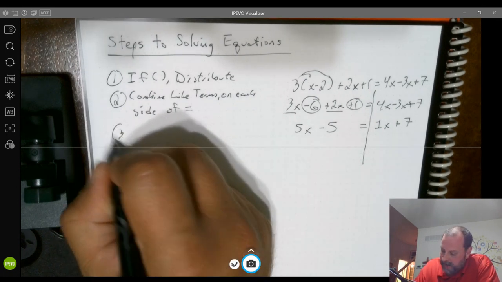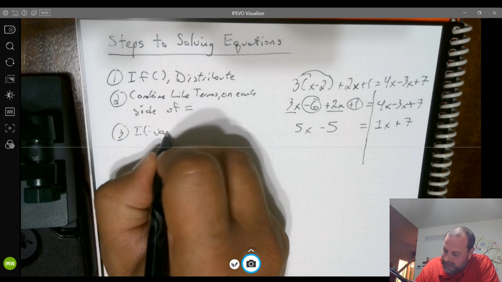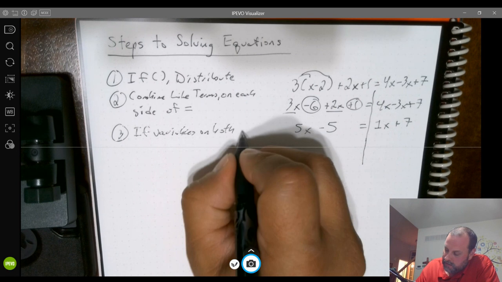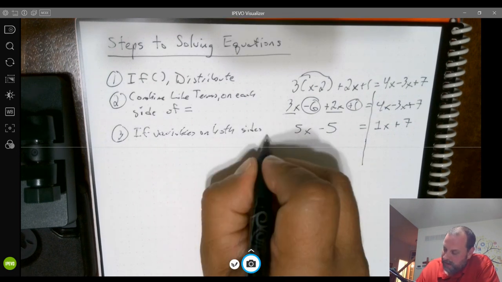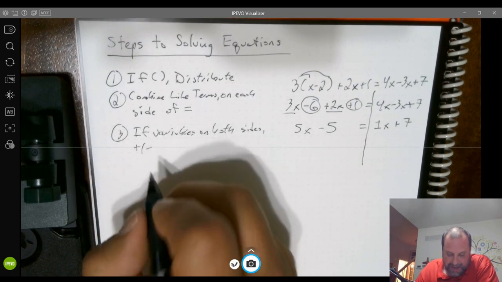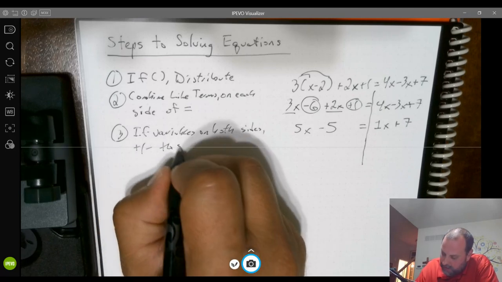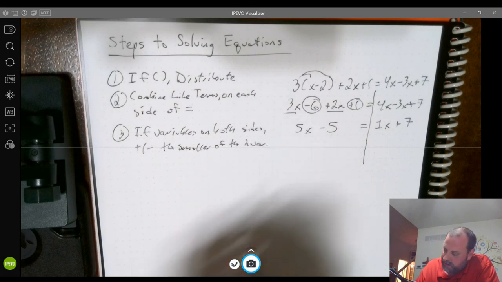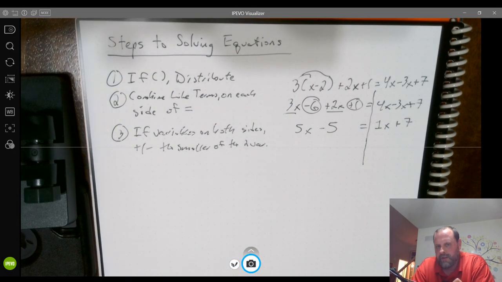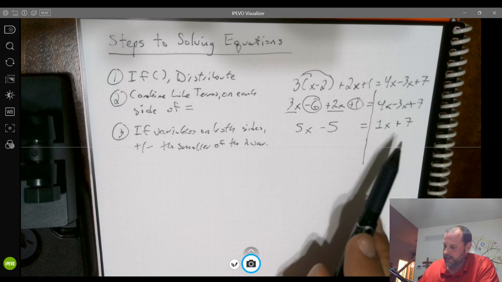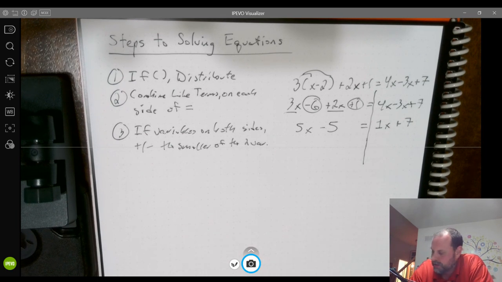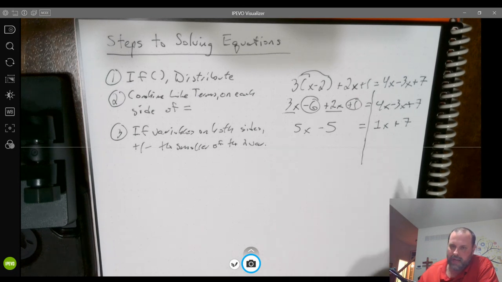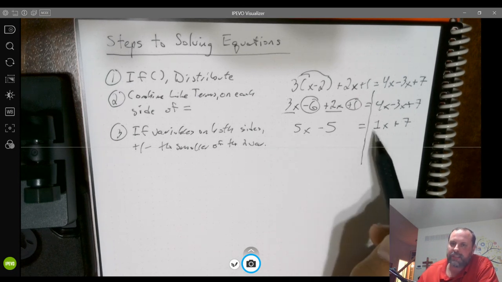The third thing is if I have variables on both sides, so focus on the variables. If you have variables on both sides, add or subtract the smaller of the 2 variables. Here we have 5x and 1x, and 1x is clearly smaller.